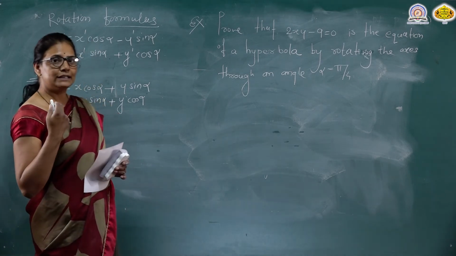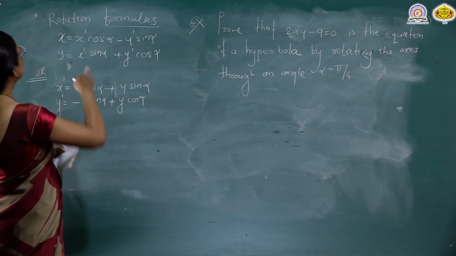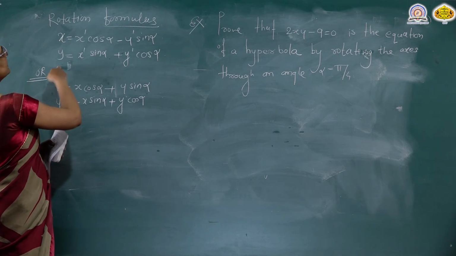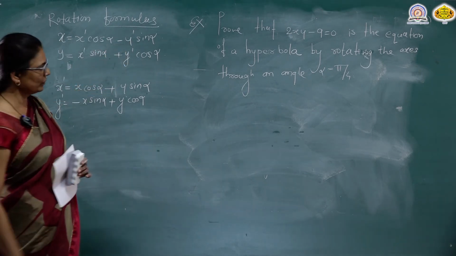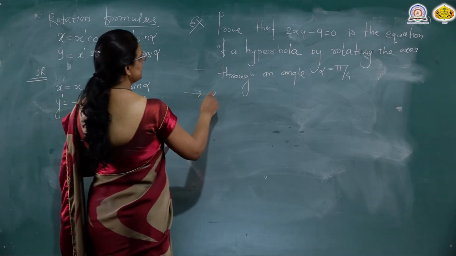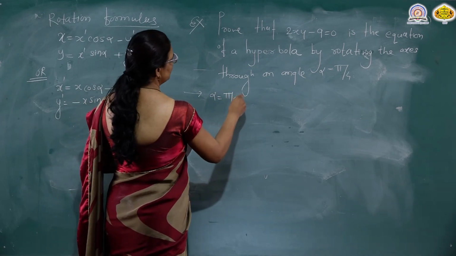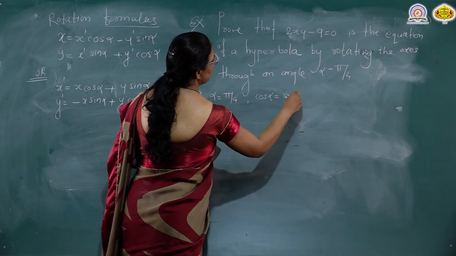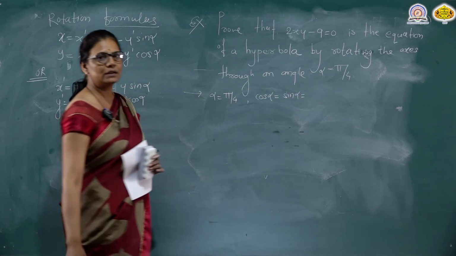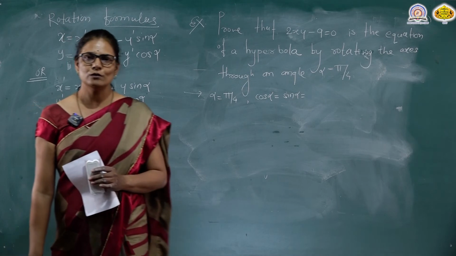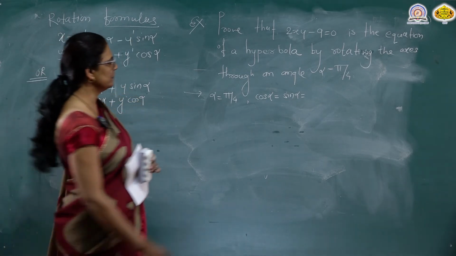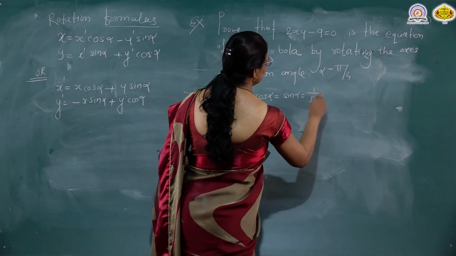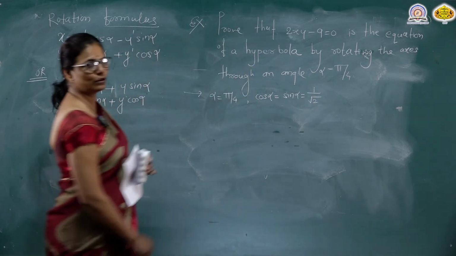So first we have to write the rotation formulas. So we use these two formulas, expressing x, y in terms of x dash, y dash. So the given thing is alpha equals to pi/4. So first we have to calculate cos pi/4 as well as sin pi/4. And since we know that the value of cos pi/4 and sin pi/4 is the same, which is 1/√2. Then write the rotation formulas.